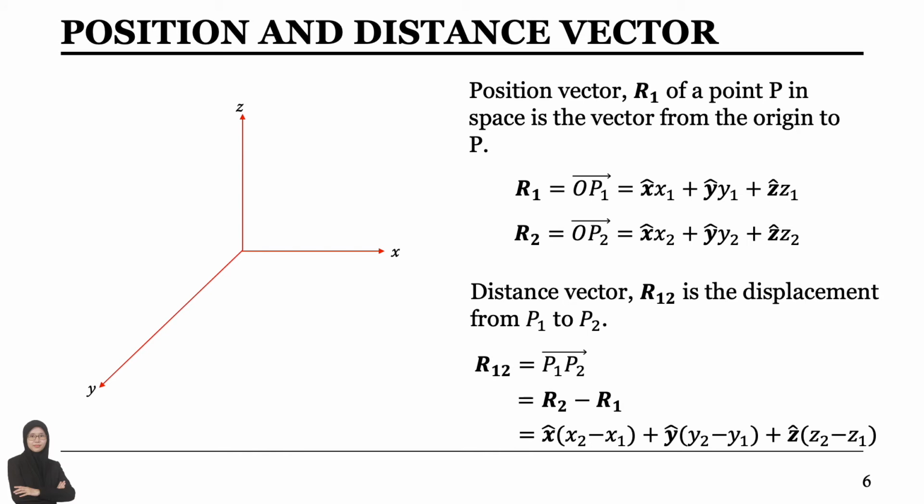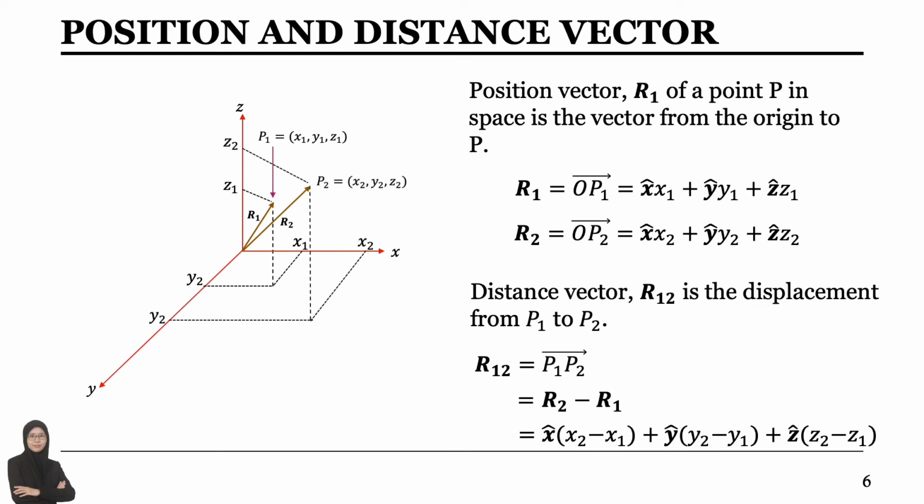Now I'm going to explain the position vector and distance vector. A position vector is a vector from the origin to a point. In this example, we have R1 as a position vector starting from the origin to P1, and we have another position vector, R2, starting from the origin to P2.